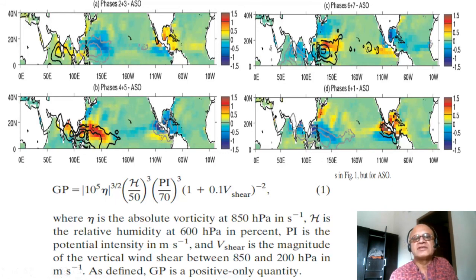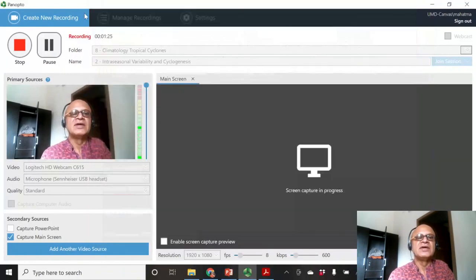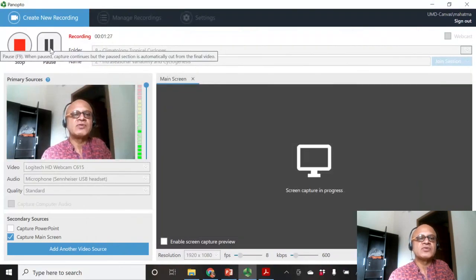So in that context, we should combine MJO intraseasonal activities and modulations of cyclogenesis and the Saharan air layer and Sahel rainfall as well. But all these are still to be fully explained process-wise. Okay, so we will leave it there.